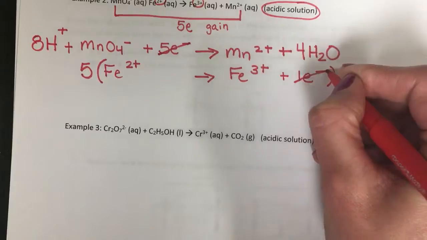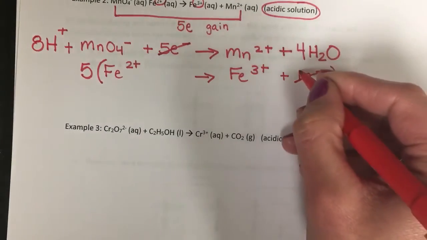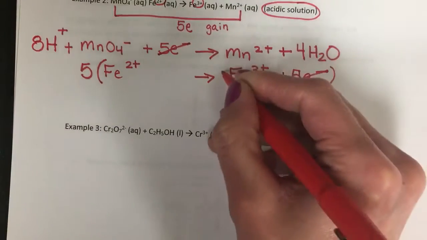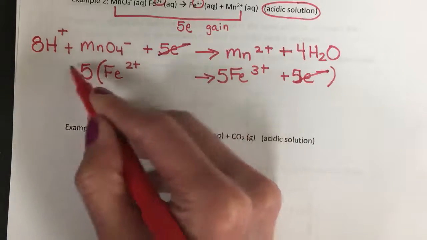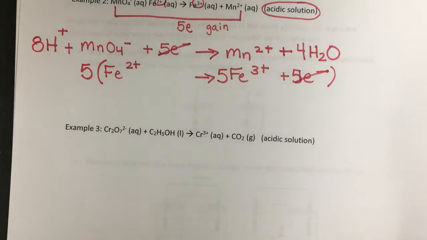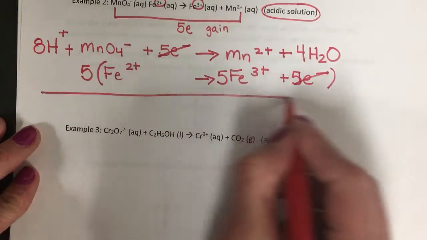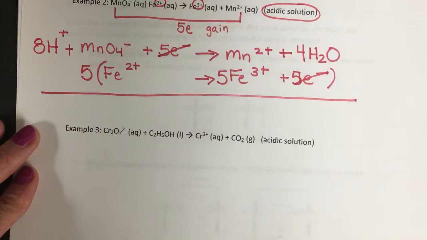So my electrons are going to be gone, because remember, this becomes a 5, this becomes a 5, and that becomes a 5. And then I'm going to combine everything.